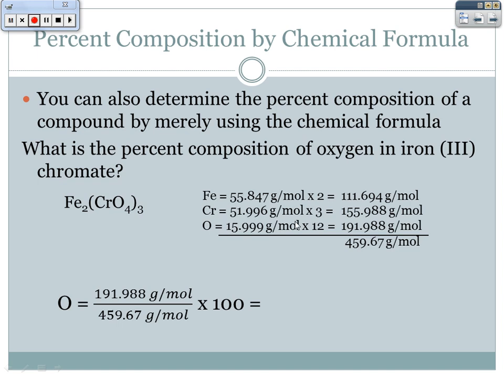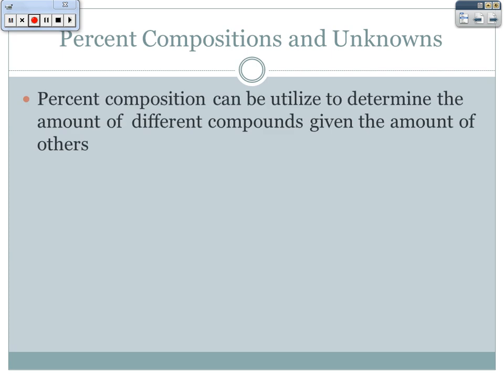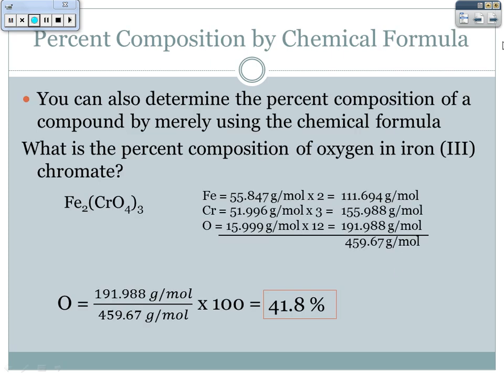So the atomic mass of oxygen times how many oxygens there are, divided by the molecular weight of the compound, times by 100, gets you 48%. Okay? Sorry, let me go back. So you can look at the chemical formula and take that data and just do what we've been doing when we've been doing mole conversions and calculate mass percent like that.